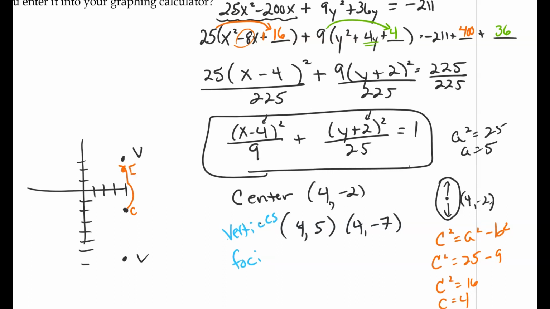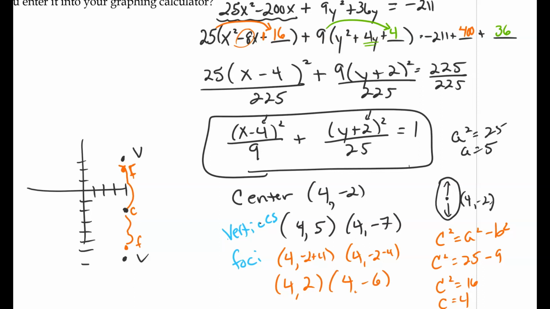There's our focus, and we're going to go down 4 from my center, and that is going to be our other focus. So using our values, we get (4, -2 + 4) and (4, -2 - 4). What are our two foci? So (4, 2) and (4, -6).